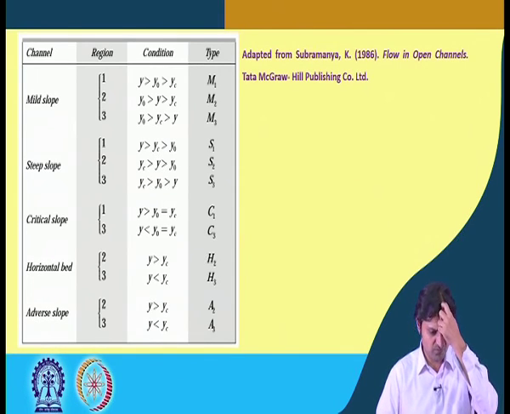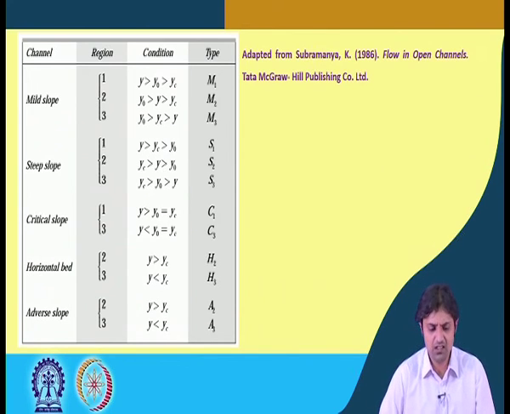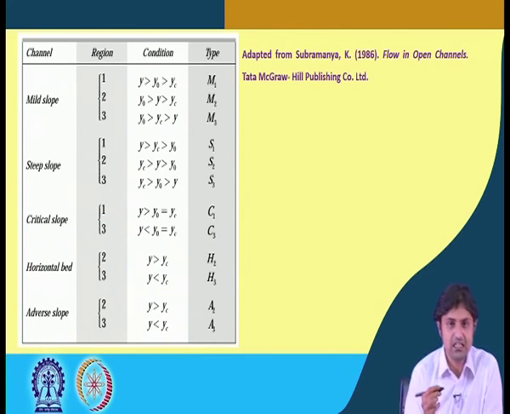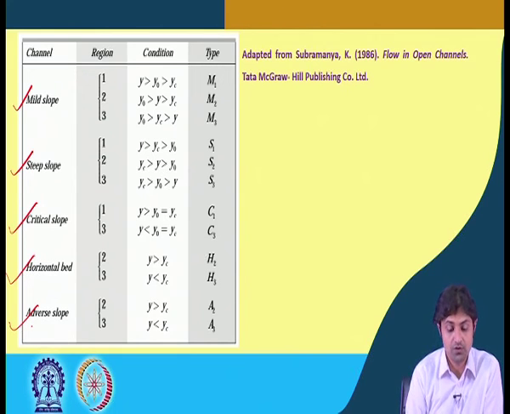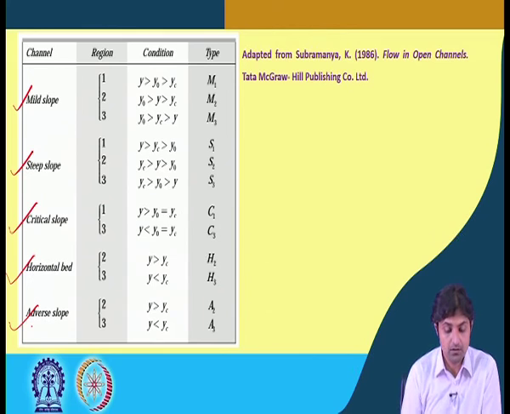As we have already seen, there is mild slope, steep slope, critical slope, horizontal bed and adverse slope. Depending upon the three regions, there could be three different types of profiles.